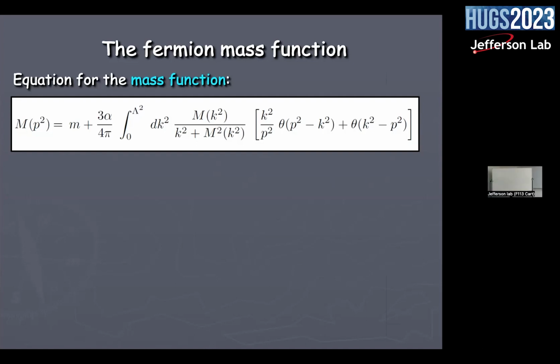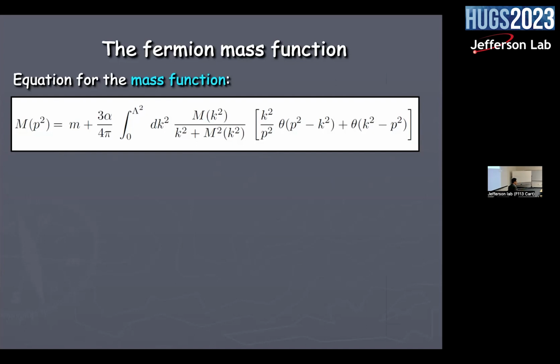You see, if I put m equal to 0, one of the solutions is that big M equal to 0. If I put this equal to 0, this is 0, and the equation is solved. This is the solution that we see in perturbation theory. If you could do a perturbation theory to all orders, then you will see that if your mass is 0 in the Lagrangian, at all orders in perturbation theory, your correction to the mass will be proportional to the bare mass.